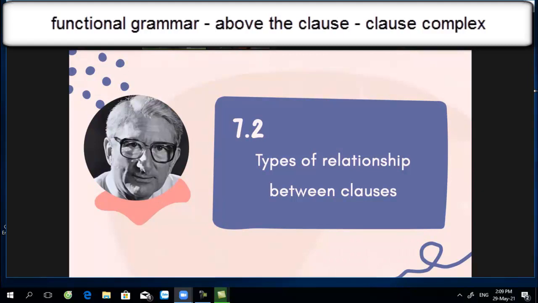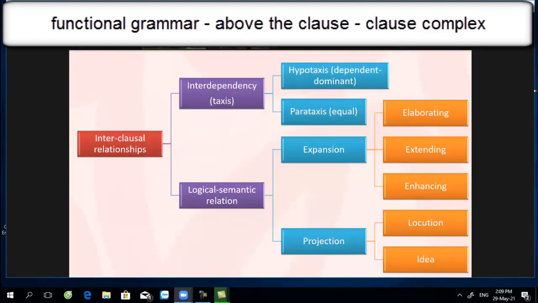So moving on with the next part, types of relationship between clauses. As I have shown you earlier, we have interdependency and logical semantic relation. Interdependency, or we can say quan hệ phụ thuộc lẫn nhau. Logical semantic relation, logic về ngữ nghĩa. For the first one, interdependency, we have two smaller parts.